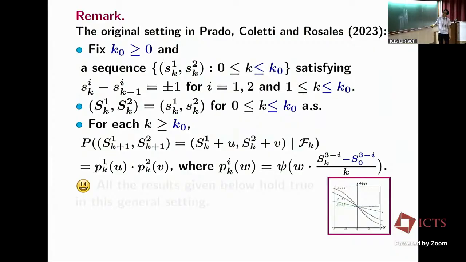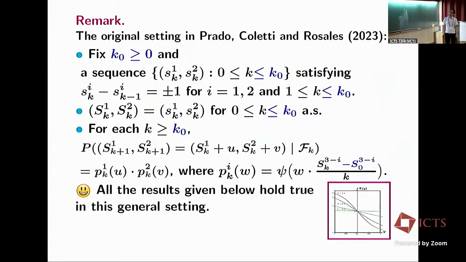All the results given below hold true in this general setting. So this simpler setting will help you to understand the situation.